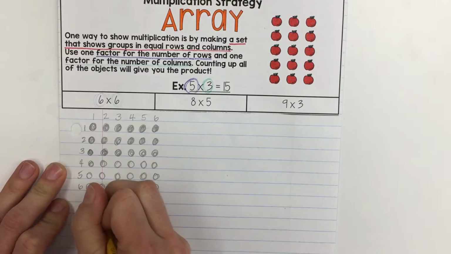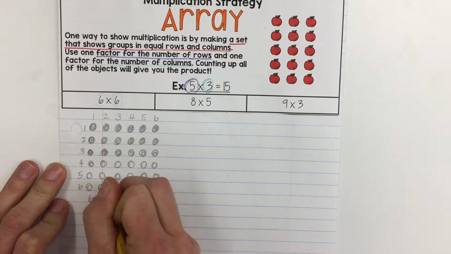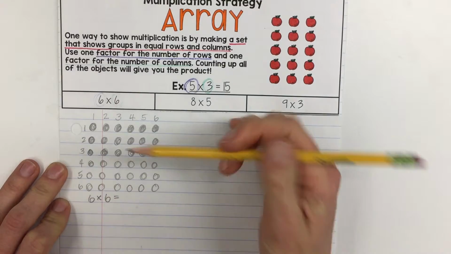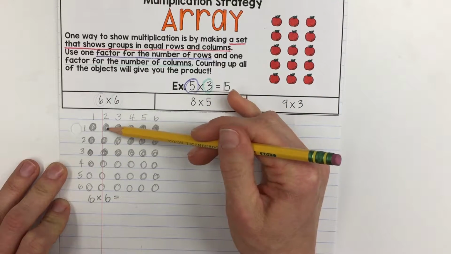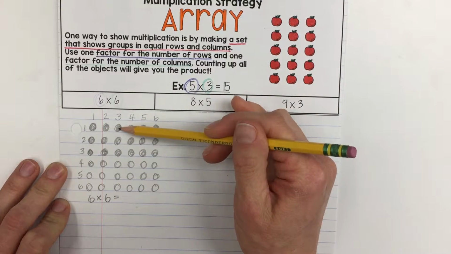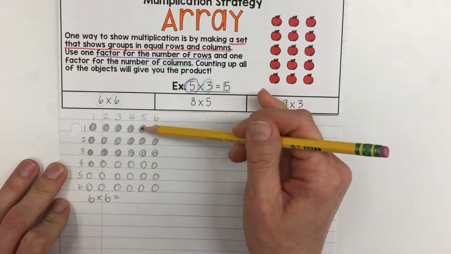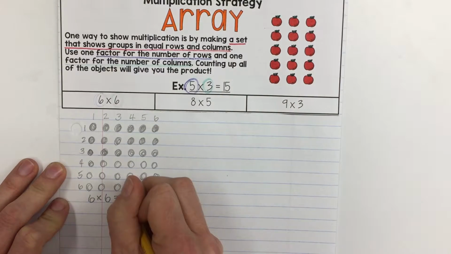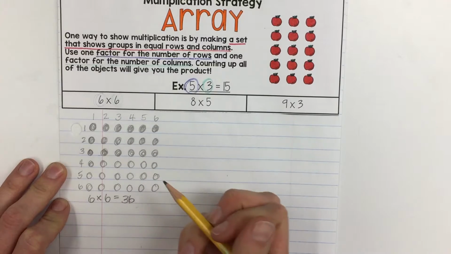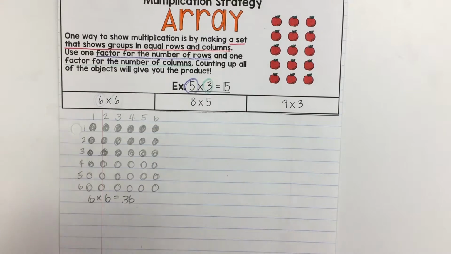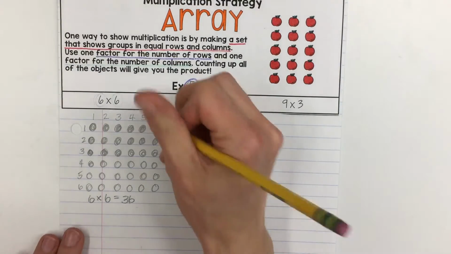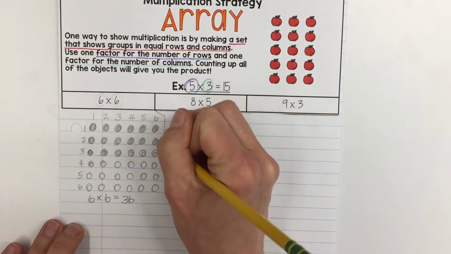And this shows 6 times 6 equals, well, how much? I've got 6, 12, 18, 24, 30, and 36. And if you don't believe me, you can count them. Okay? All right. So that is this example here.